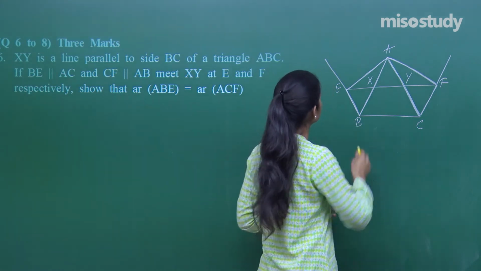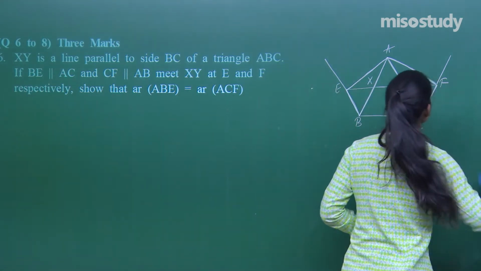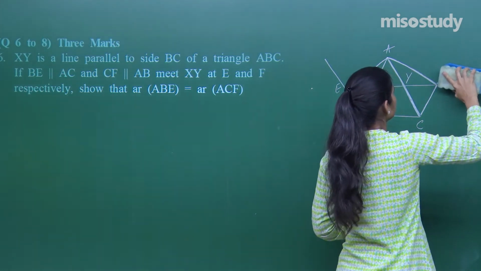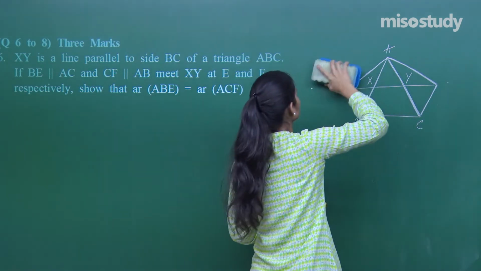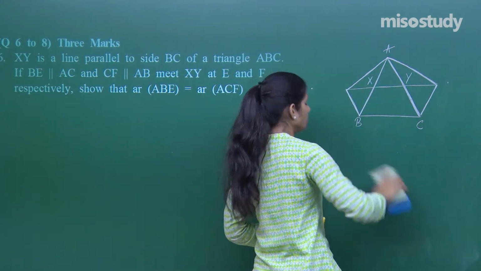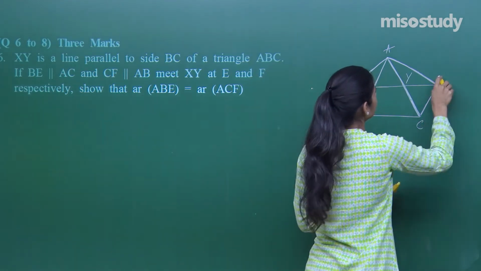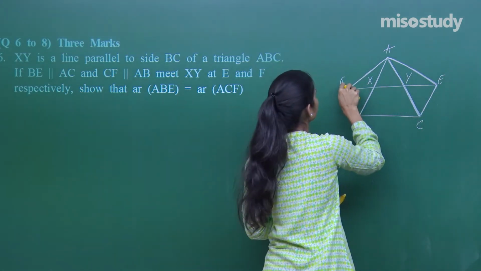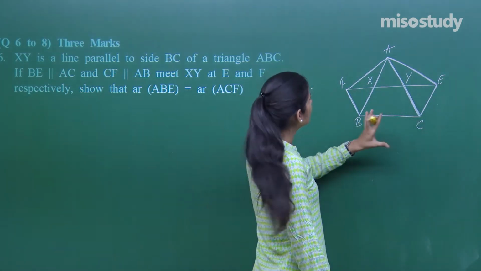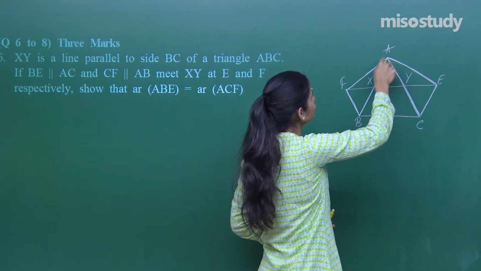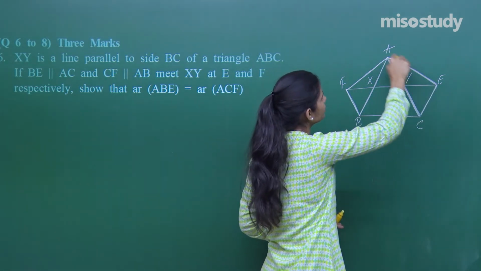How do you plan to show this? So over here, let me rub this extra part. So this is E and this is F. I have to show what? I have to show this triangle's area is same as this triangle's area.